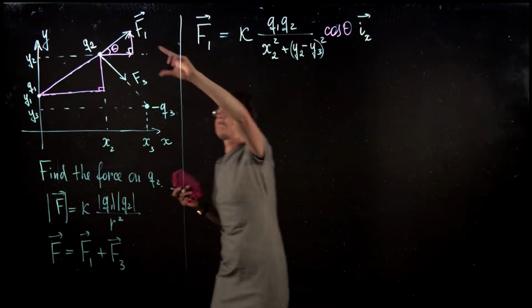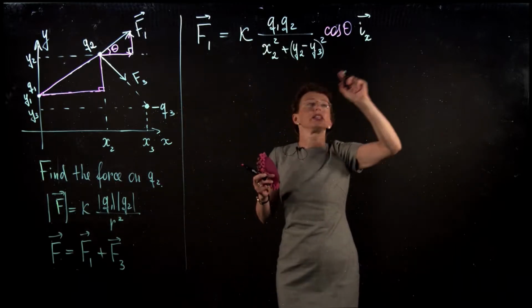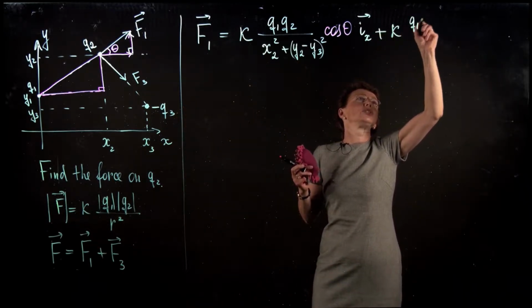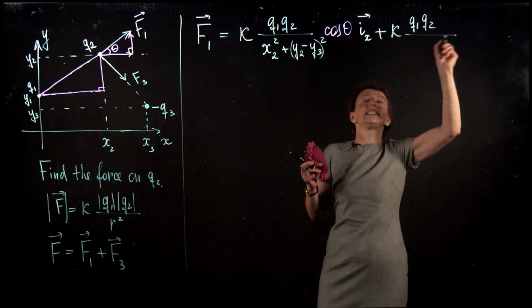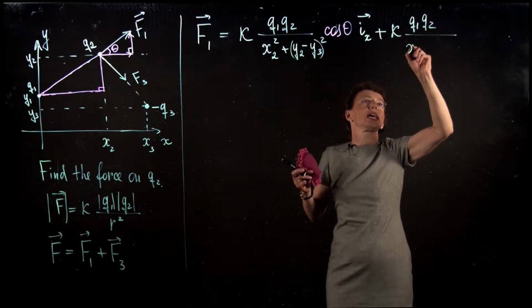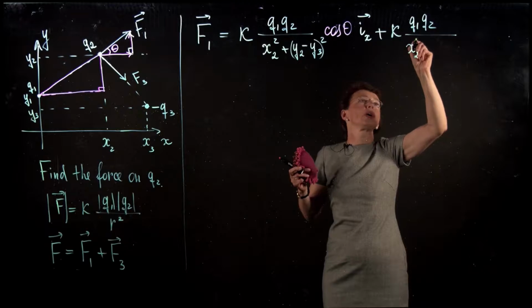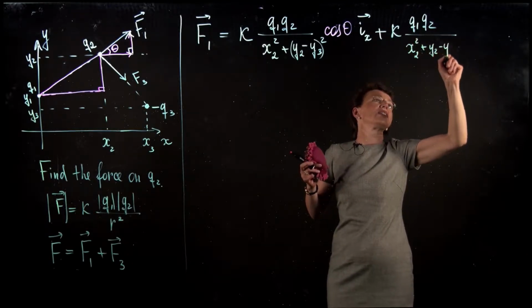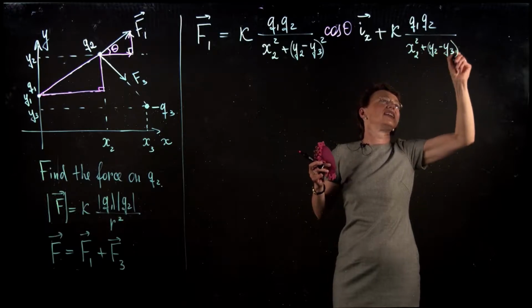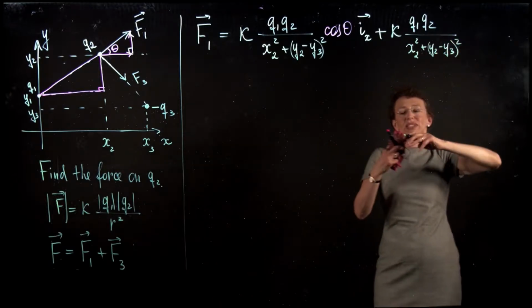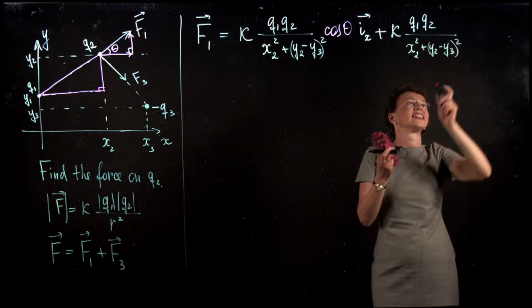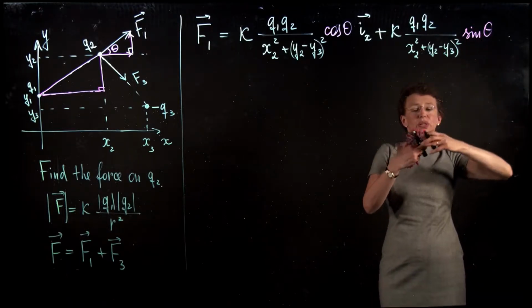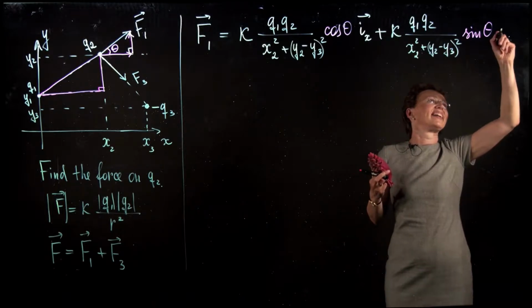And then y component is positive, magnitude is k q1, q2 divided by distance squared, which is x2 squared plus y2 minus y3 squared times sine theta. Sine theta. And this will be Iy.